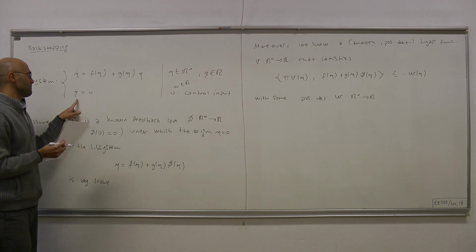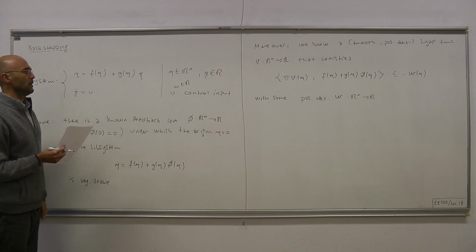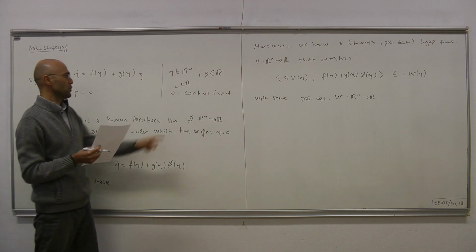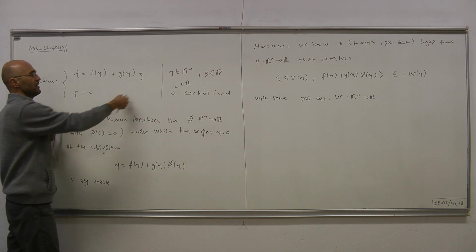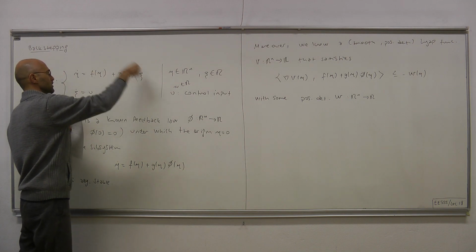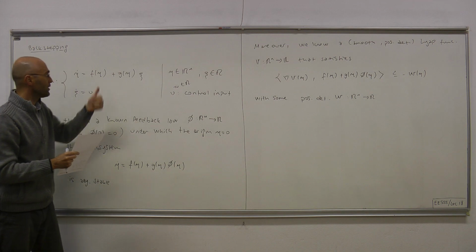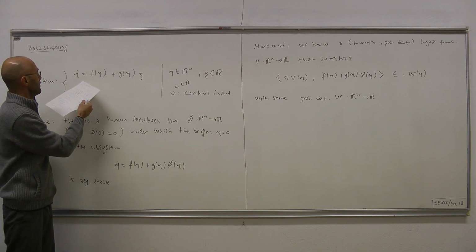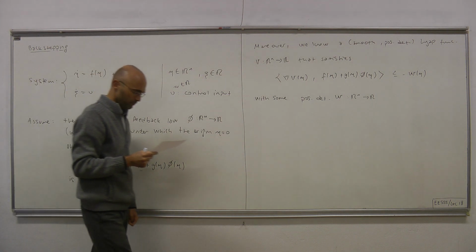And xi dot equals the control input. So you apply the control input, from here you integrate it, you obtain xi, and then that xi, in a sense, drives the upper subsystem, here, the eta system.